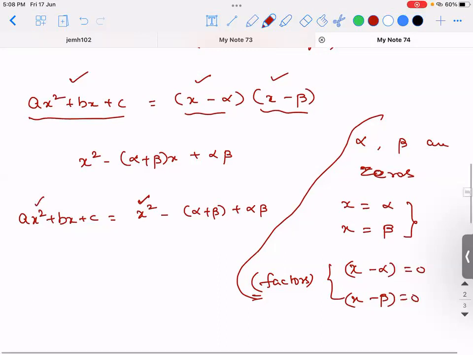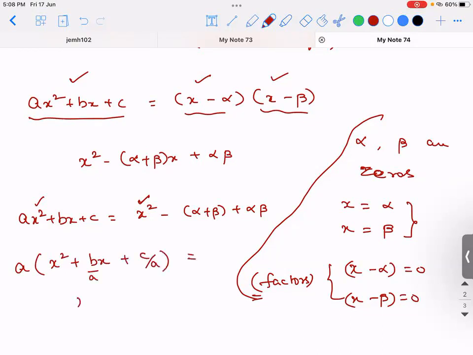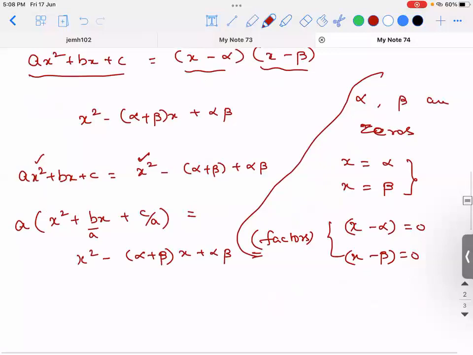So if I take that a outside, I'll have x square plus b by a into x plus c by a equal to x square minus of alpha plus beta into x plus alpha beta. Correct? I took that a out.